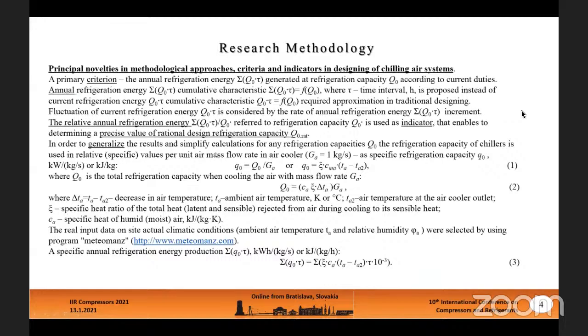In order to generalize the results and simplify the calculations for any refrigeration capacity, the refrigeration capacity of chillers is used as a relative specific value per unit mass flow rate in the air cooler, a specific refrigeration capacity. The corresponding equations are presented here, and for specific annual refrigeration energy production here.